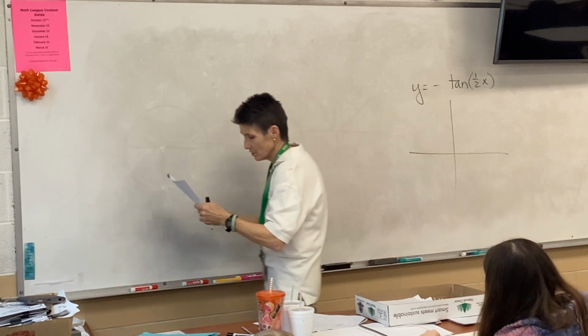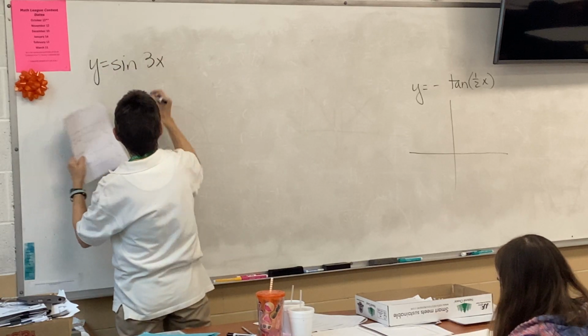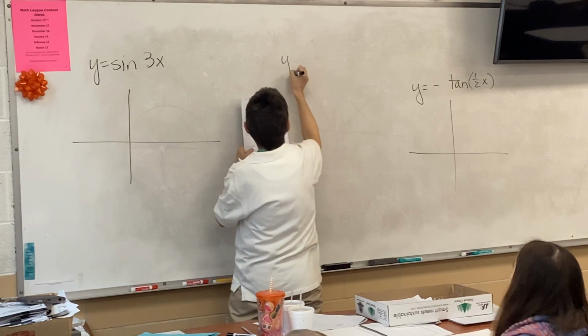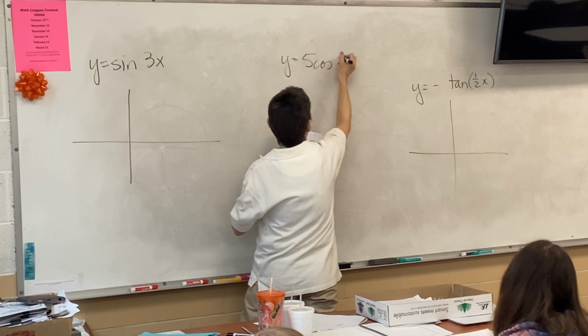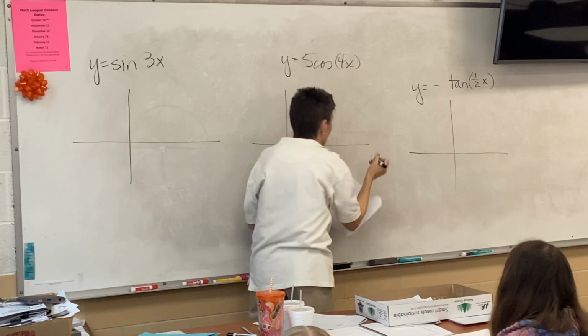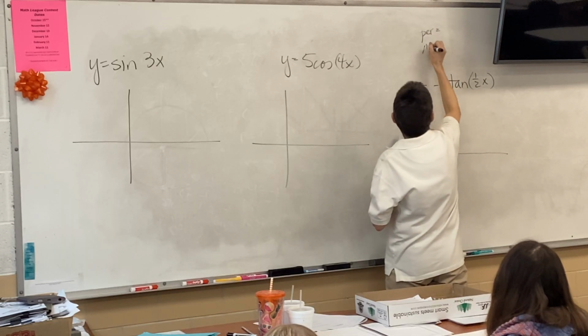So we have tangent, we have sine, and we have cosine, and we need period and amplitude.